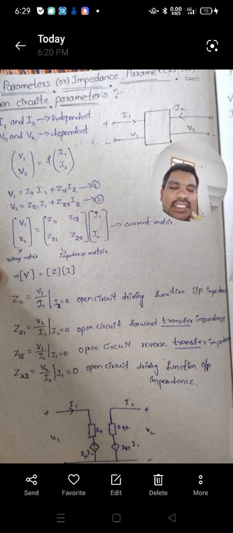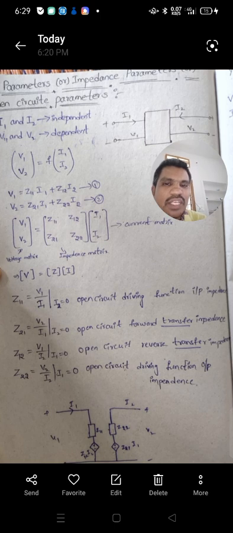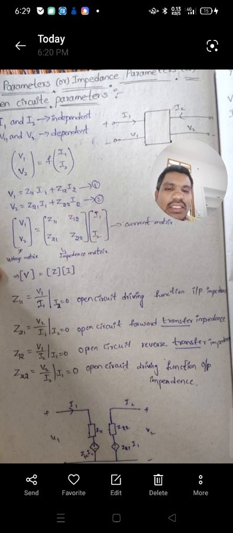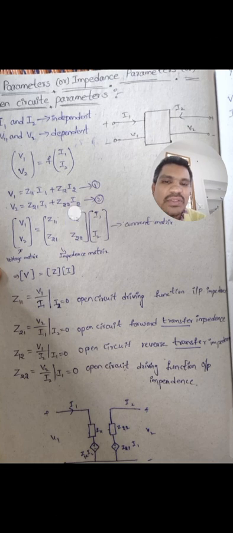For the second condition, at I2 is equal to 0, from KVL equation 2 we have V2 is equal to Z21 I1, because here we substitute I2 is equal to 0.